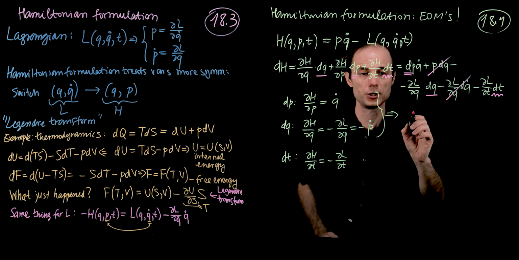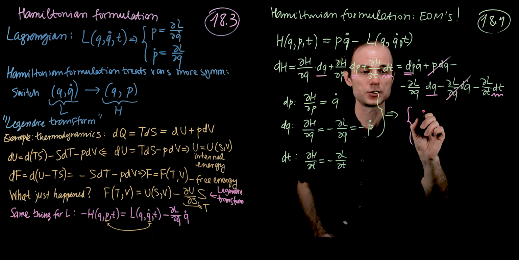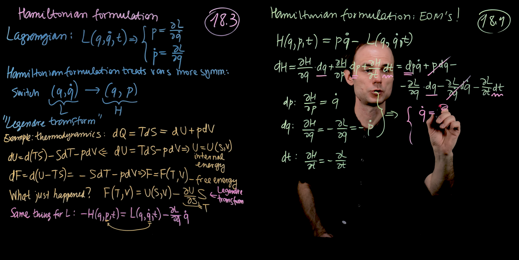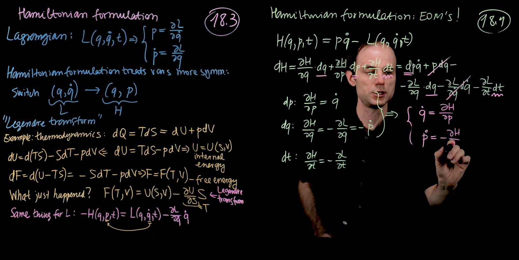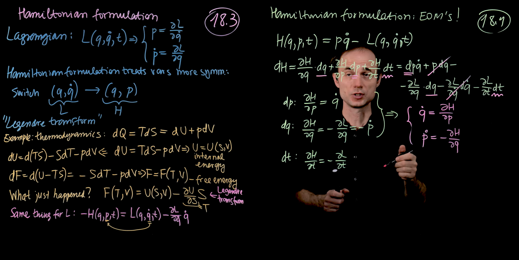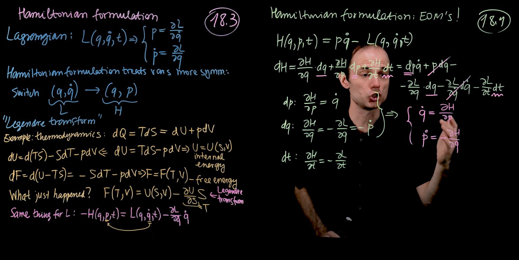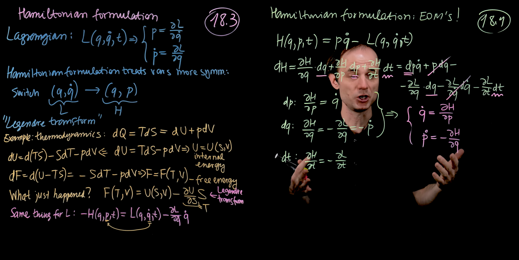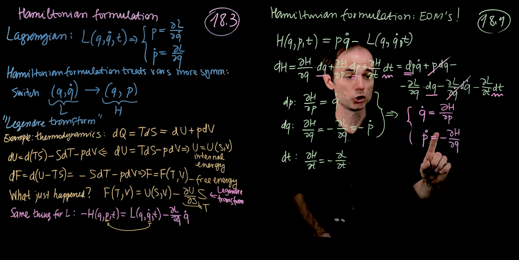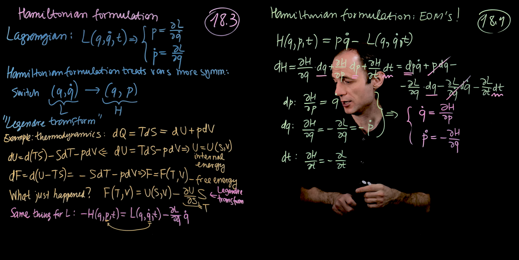This is how the equations of motion look like. q̇ is equal to ∂H/∂p, and ṗ is equal to minus ∂H/∂q. So as you can see, the Hamiltonian formulation treats q and p symmetrically. The only difference between the equations of motion is the presence of the minus sign in the ṗ equation.